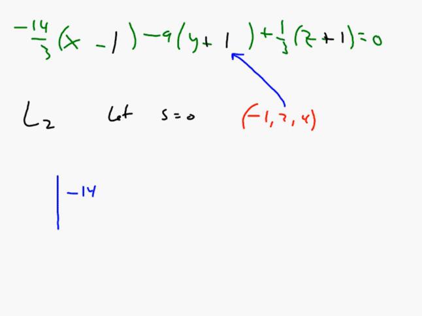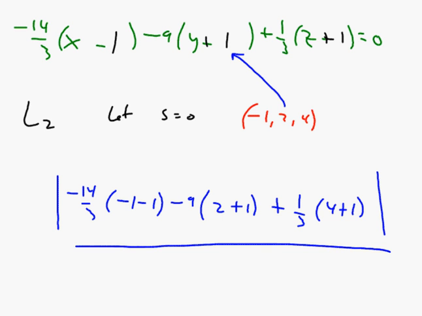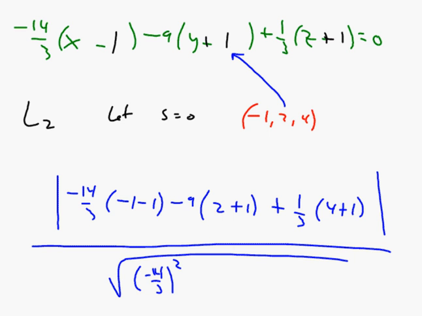Absolute value of negative 14 thirds times negative 1 minus 1, minus 9 times 2 plus 1, plus a third times 4 plus 1, over the norm of the normal vector, which would be this expression: 14 thirds, negative 14 thirds squared plus negative 9 squared plus 1/3 squared.